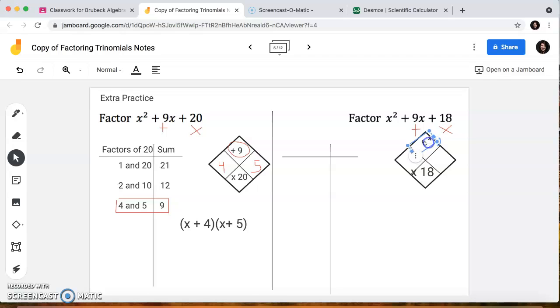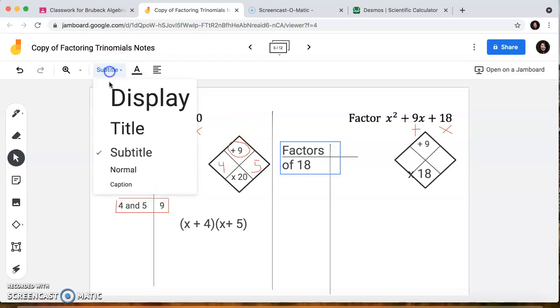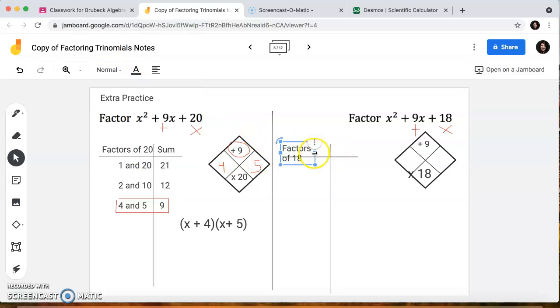Okay, factors of 18 are going to be 1 and 18, 2 and 9, and 6 and 3.